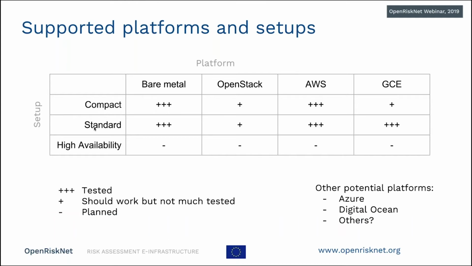The one we're going to see today is what we call a standard deployment, which is much more scalable because it scales across multiple servers. And the final one is high availability. The difference between standard and high availability is that with standard, there are a number of single points of failure for various parts of the system. So if those parts go down, then your cluster goes down, and you've got to fix it before your cluster is working again.